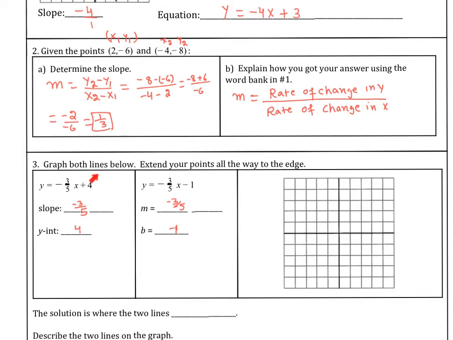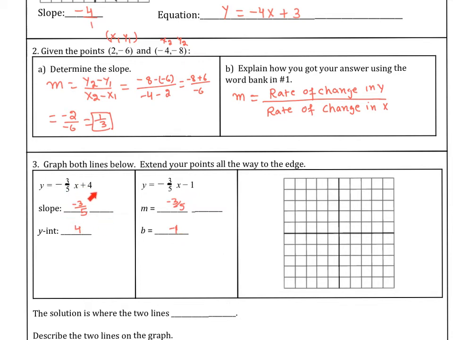For number 3, graph both the lines below. Extend your points all the way to the edge. So the first equation we have is y equals negative 3 over 5 x plus 4, where the slope is negative 3 over 5 and the y-intercept is 4. For the second equation, we have the same slope, negative 3 over 5, but the y-intercept is negative 1.